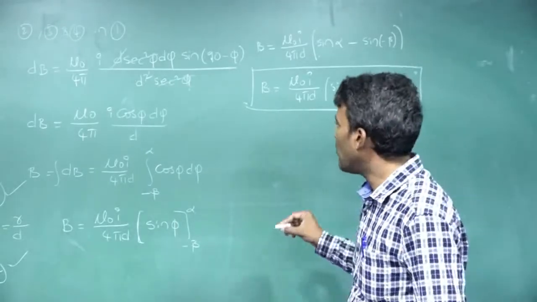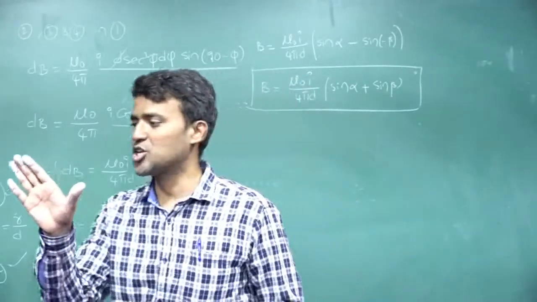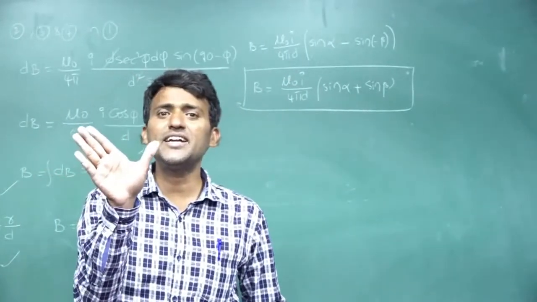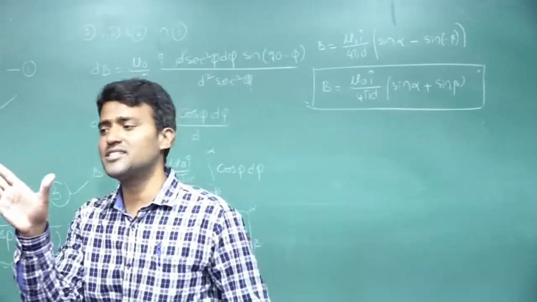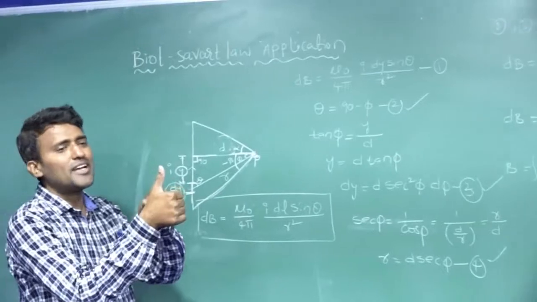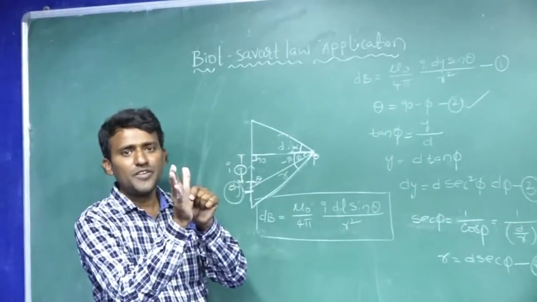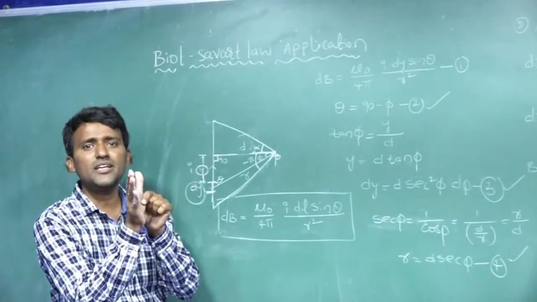Now, what is the magnetic field direction? To calculate the magnetic field direction, we use the right hand thumb rule. The thumb indicates the current direction, and the fingers indicate the magnetic field direction.